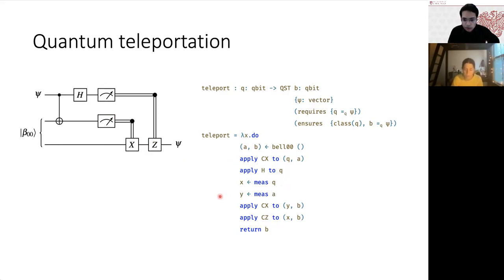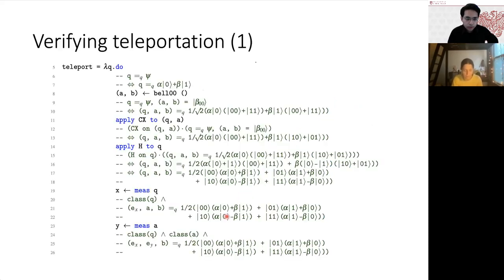And then we are applying these CX and CZ gates, controlled by the classical bits obtained, X and Y. So fine, let's look at how verification proceeds in this example. And I know this looks very hairy, so you don't have to read all of the code I'm showing here. I'll just point out things that are useful.